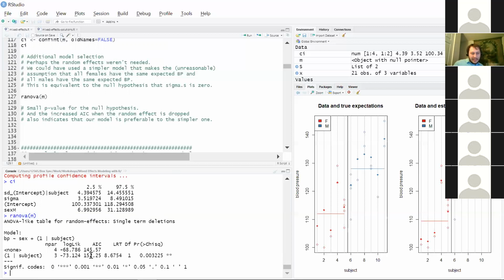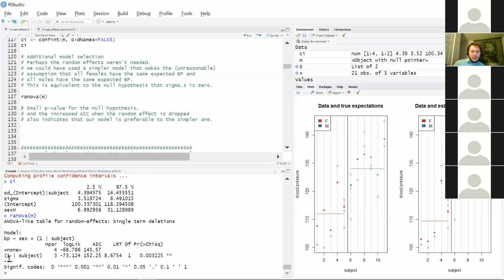You could also look at the AIC values. If you like the AIC criterion for model selection, here it is right here. The model you already fit has an AIC of 145.57, and lower is better for AIC, is that right?